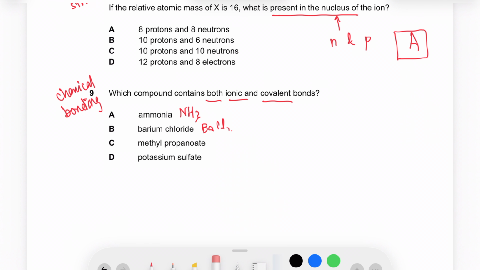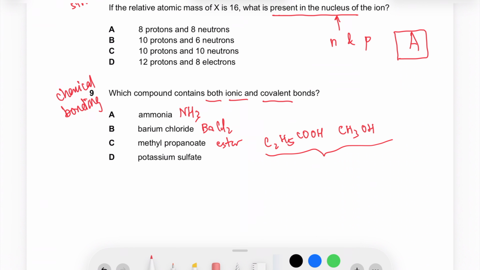So this is actually an ester. So propanoate, so it's C2H5COOH, and then with your methyl, which is your methanol, which is CH3OH.